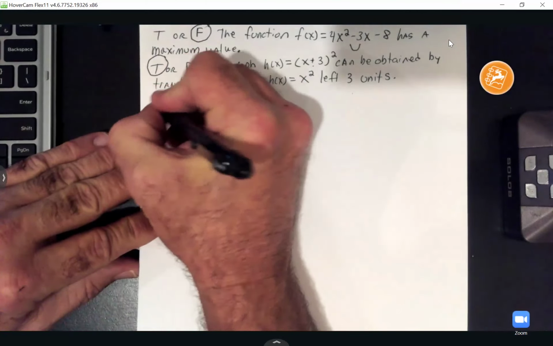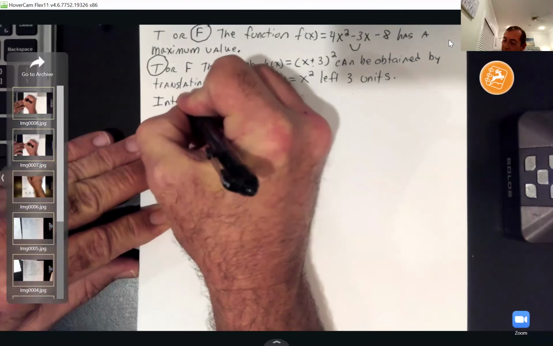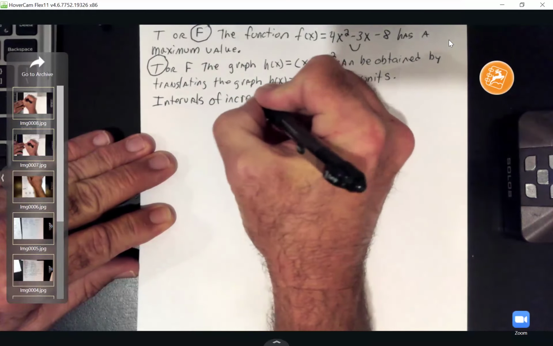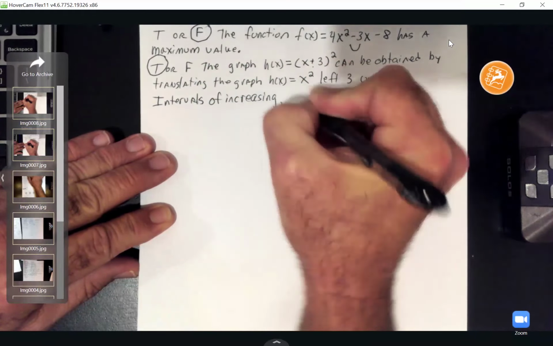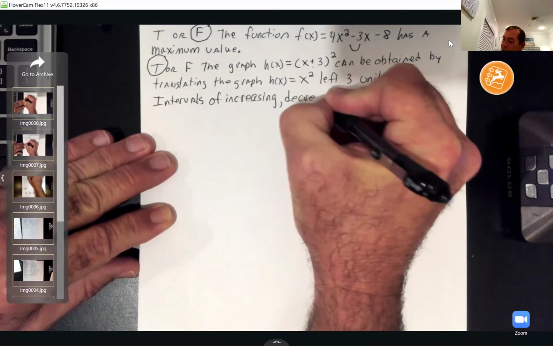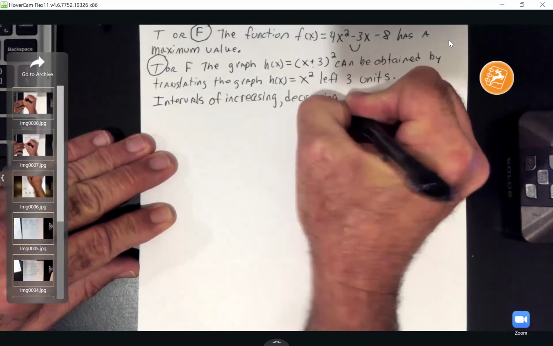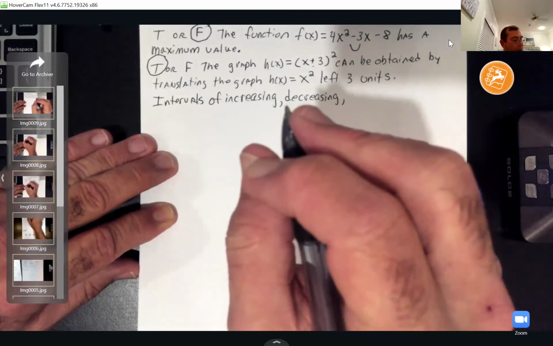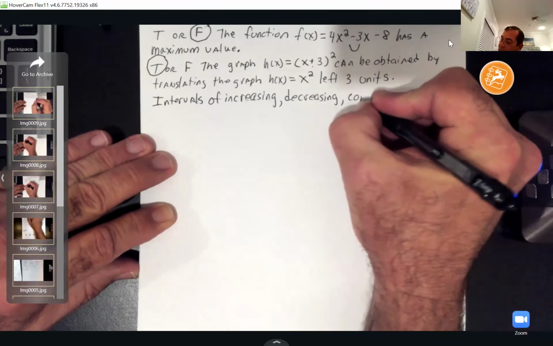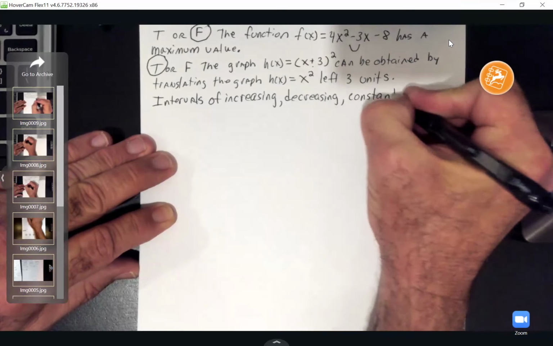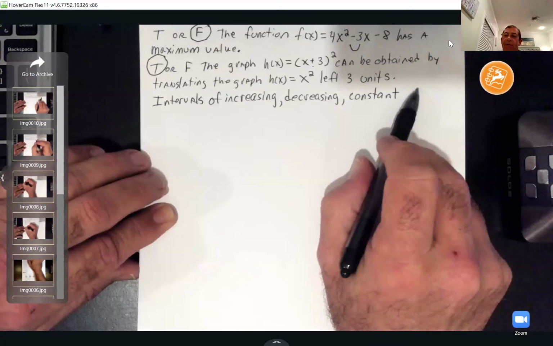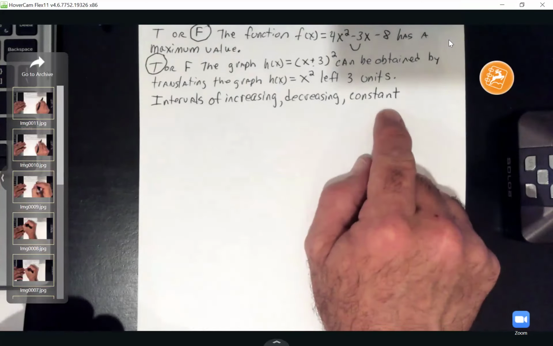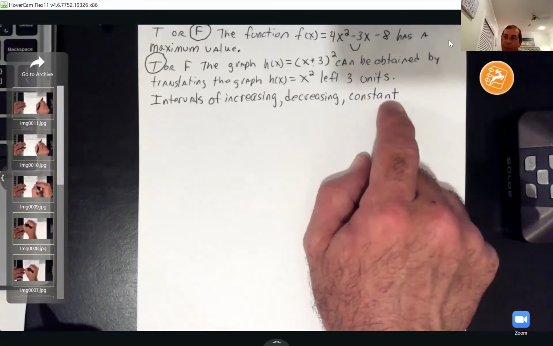So this is intervals of increasing, decreasing, and I'm actually going to do constant also. Actually, on parabolas, they won't have a constant. But I'm going to show you this because of the support.